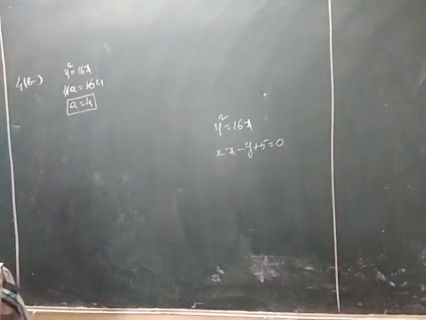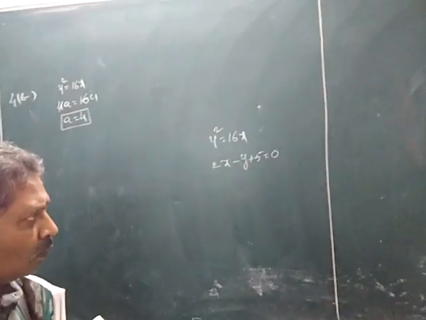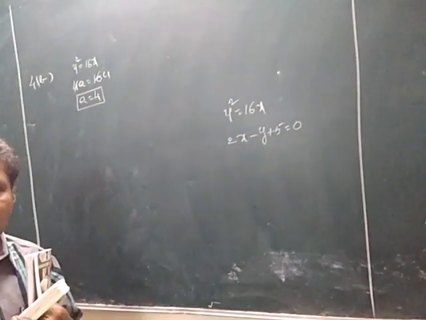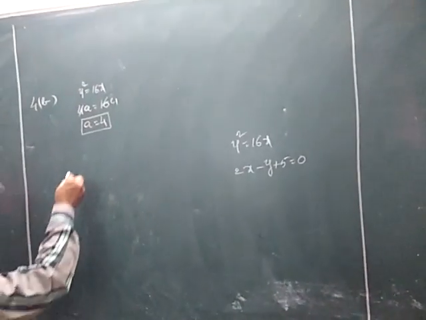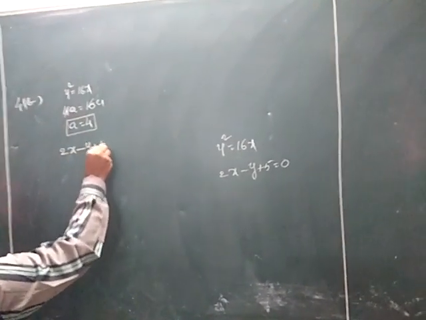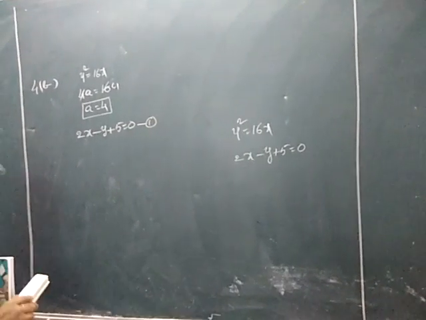Next, given line is 2x minus y plus 5 equal to 0.